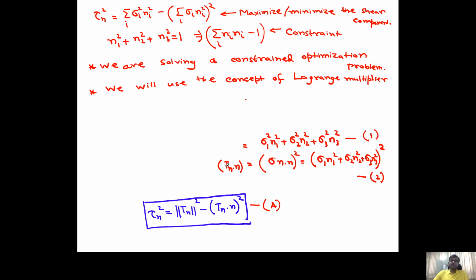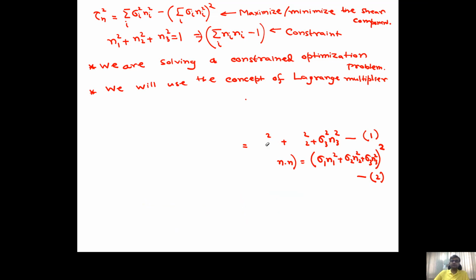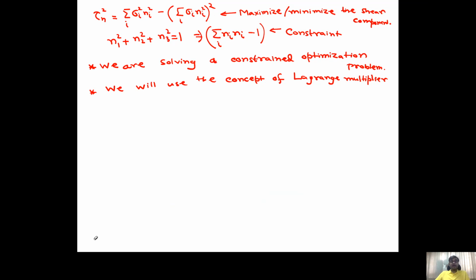So we are going to use Lagrange multiplier. And what do we do using Lagrange multiplier? Do you remember? We form an effective objective function. So what is our effective objective function?